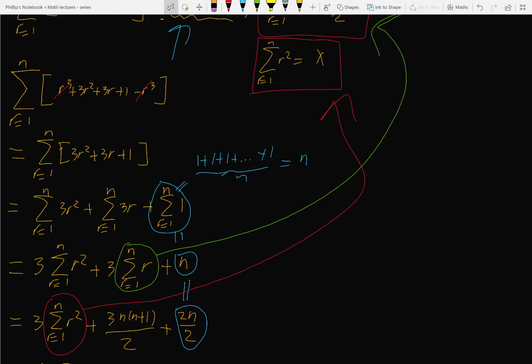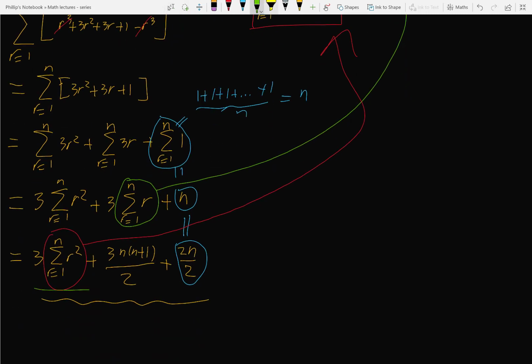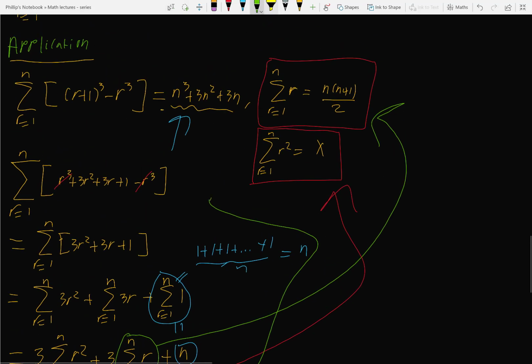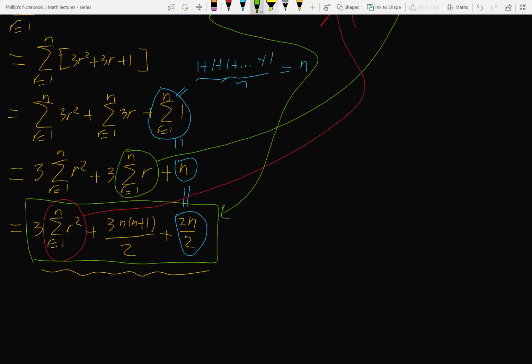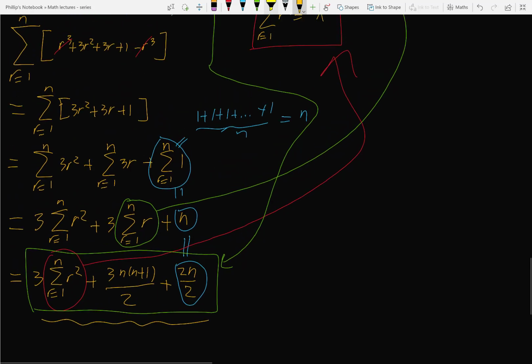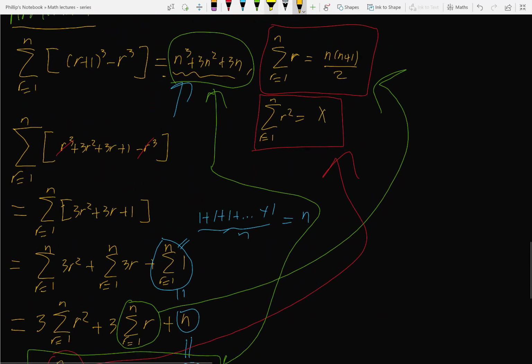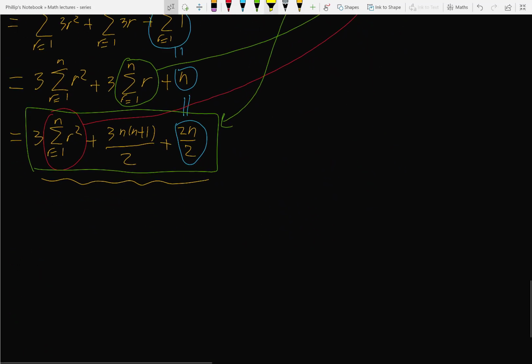Now this was from telescoping series, the content of this video, and this was just from the addition and scalar multiplication rule of finite series. But they're equal to each other, and everything's known except for the sum of r squared, so we can just solve it now for r squared. We'll do it quickly, and that'll be the end of the video.